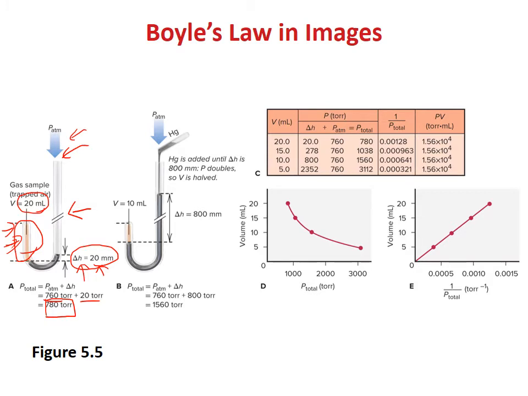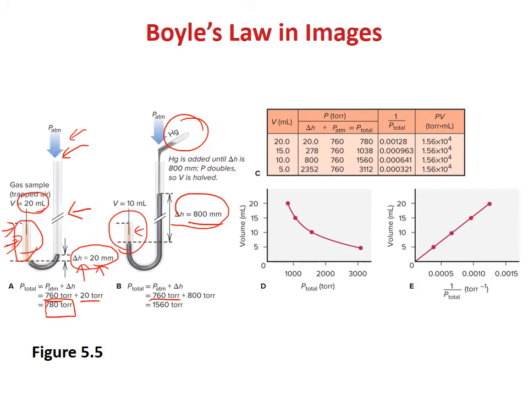Now, when more mercury is added, the added mercury will increase pressure and reduce the volume until the delta H becomes 800 millimeter mercury height. At this point, the pressure of the trapped air should be atmosphere plus 800.